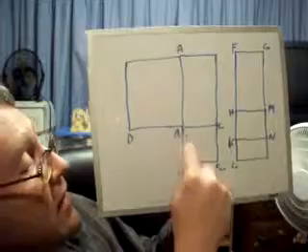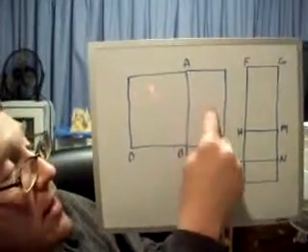But as DB is to BC, so is DA to AC. So as this line is to this line, so is this area to this area.